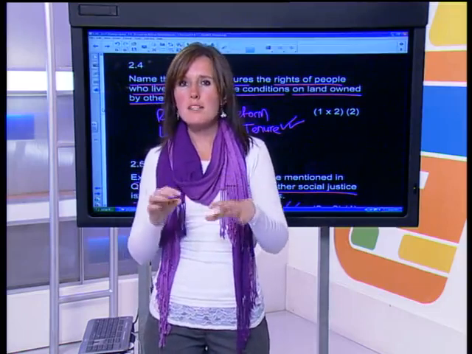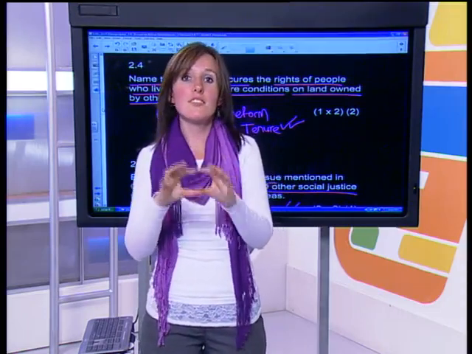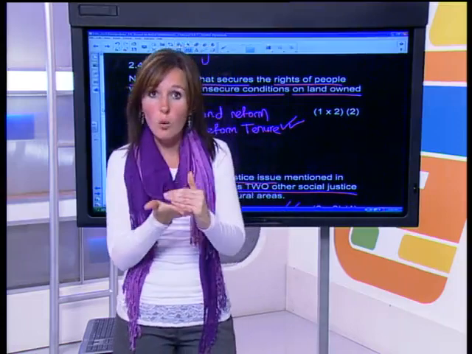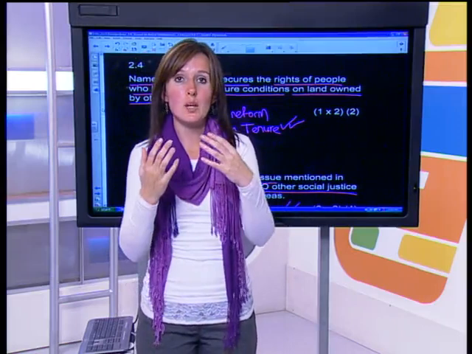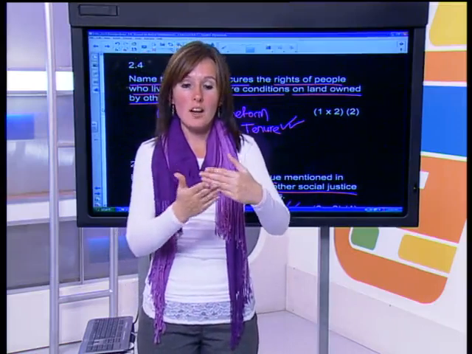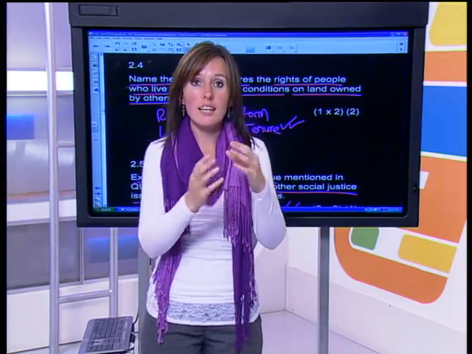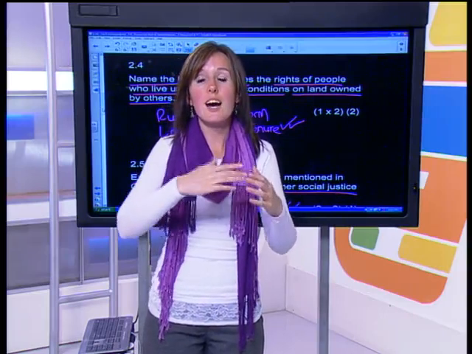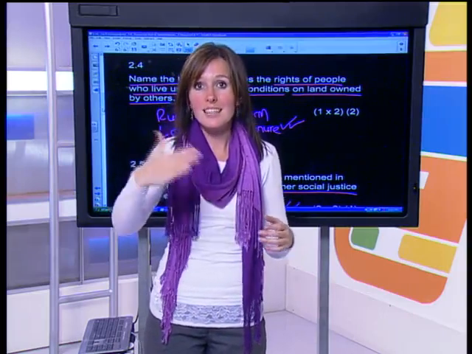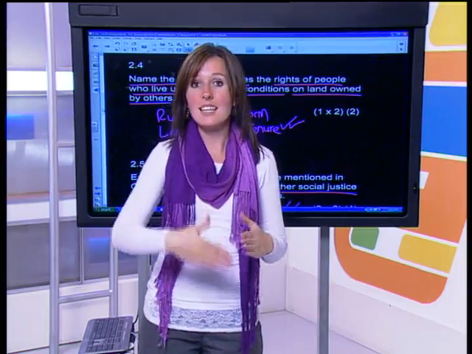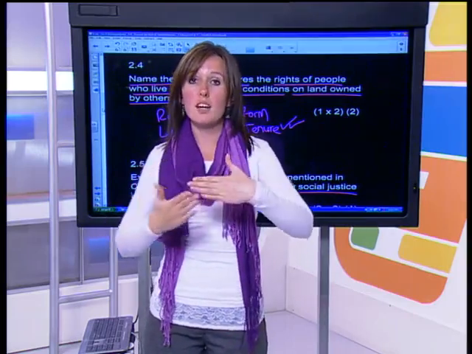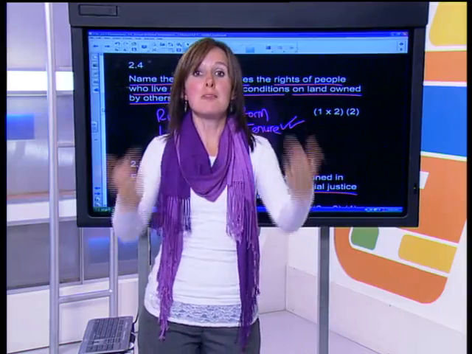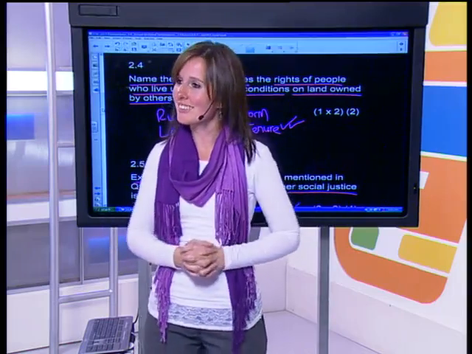So when they're talking about rural land tenure, that's literally a law put in place by the government that says people have to be able to either informally own land or are allowed to use that land legally and live on that land legally. So it's just a law that was put in place to try and speed up or implement the process of land reform. Are there any other questions?